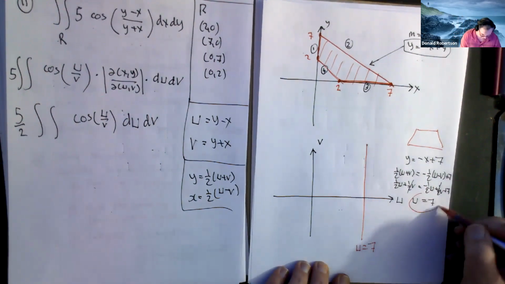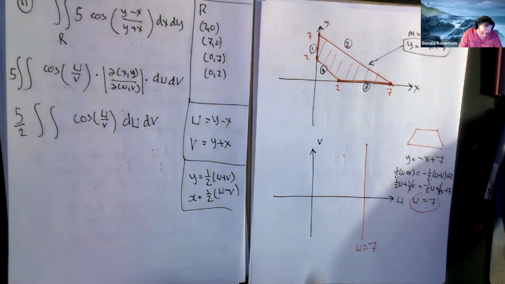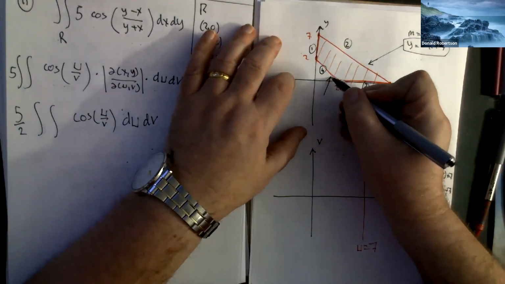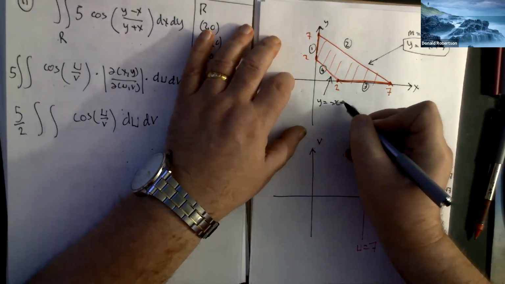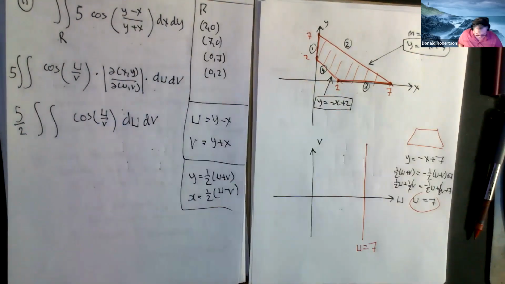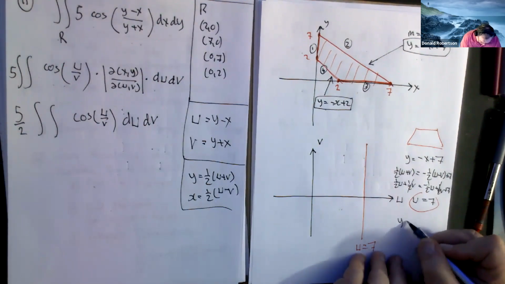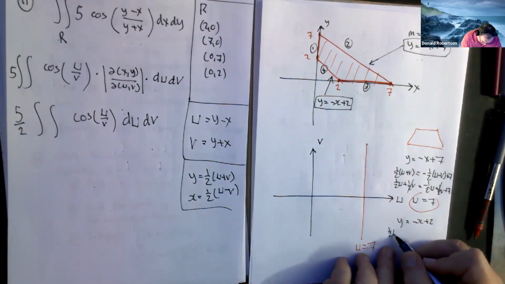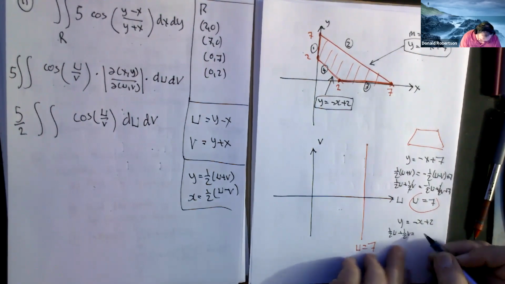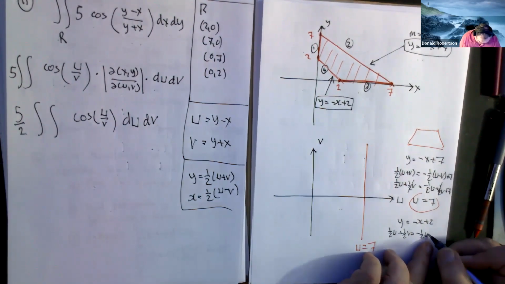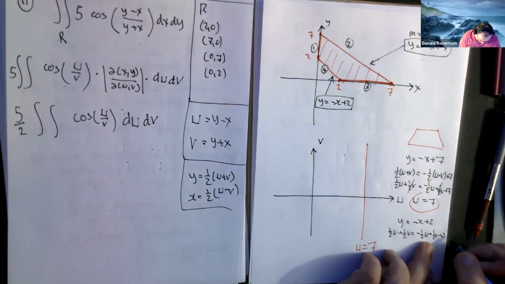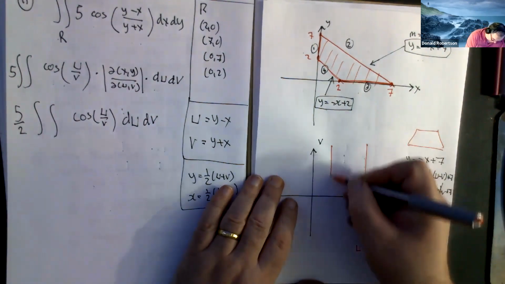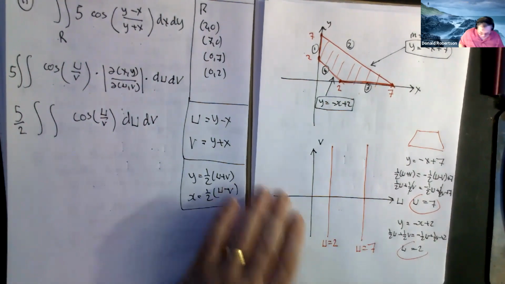Well, that was nice. Hey, let's go for 4, because I think 4 is going to be very similar. Now, if you take this equation here, its slope is -1 and it passes through 2. So y is going to equal -x add 2. A half u plus a half v is -a half u plus a half v add 2, and you end up with u equals 2, which means another vertical line.